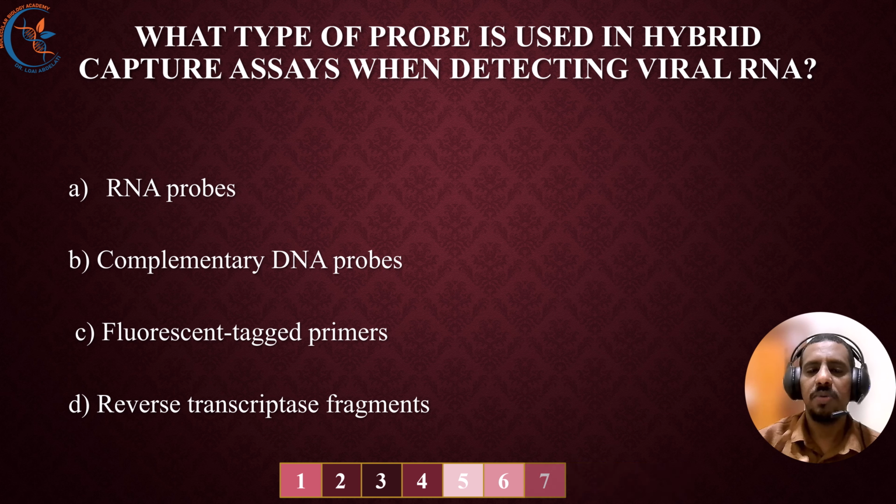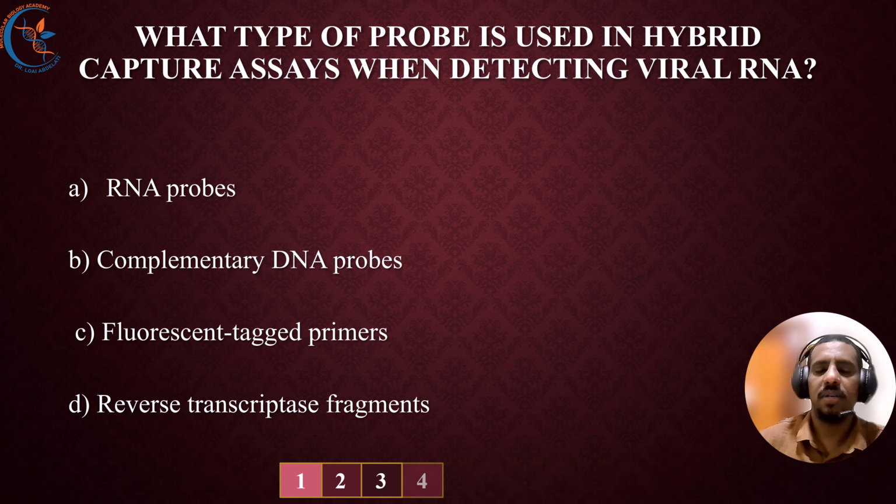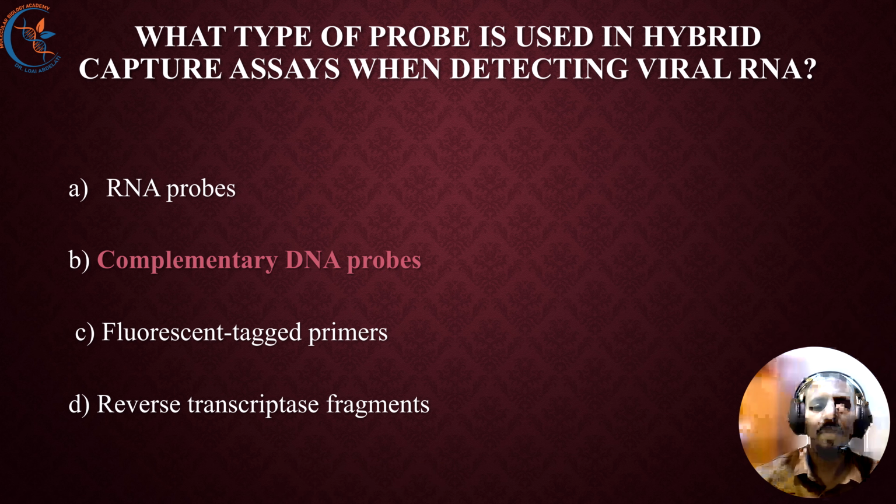We should differentiate between this question and the previous one. The correct answer is complementary DNA probes. Hybrid capture technology detects viral RNA by using complementary DNA probes that hybridize with the RNA targets. This hybridization forms a probe-target complex, which is then detected through signal amplification, producing a measurable output. Let's move on.